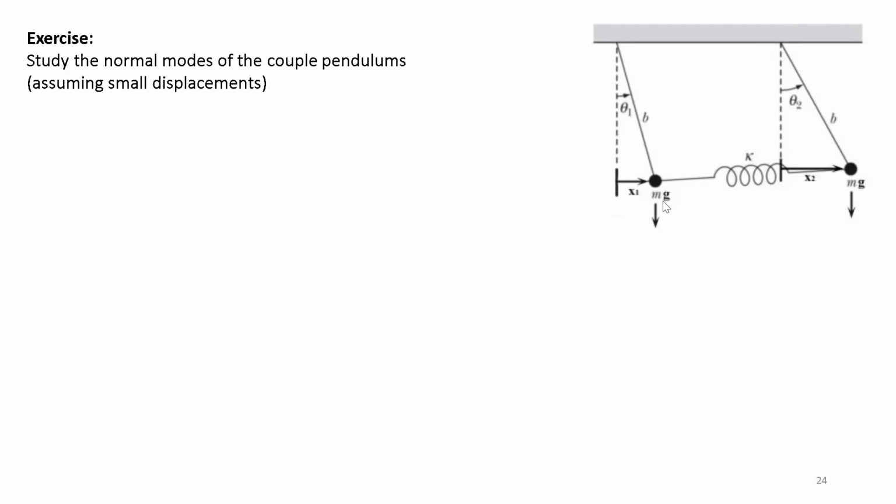Because these 2 displacements are small, this picture is correct, but I want you to imagine that the displacements are very small, such that you could basically assume that the spring is still roughly in a horizontal position.